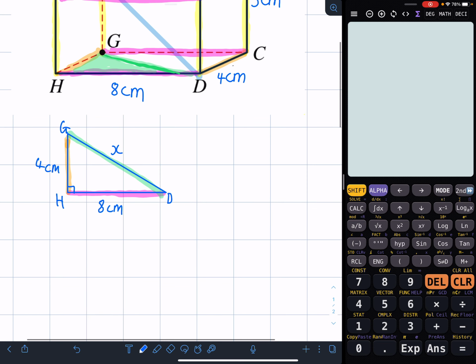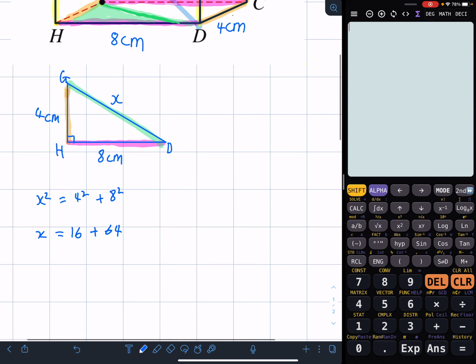From Pythagoras, we know that x squared equals 4 squared plus 8 squared. So 4 squared becomes 16, and 8 times 8 is 64.